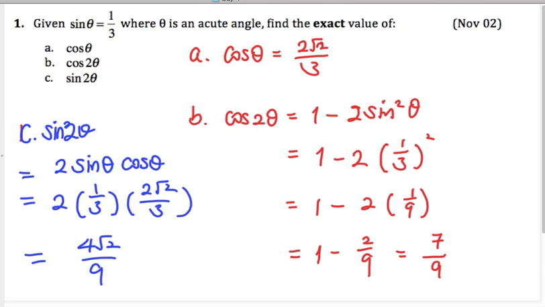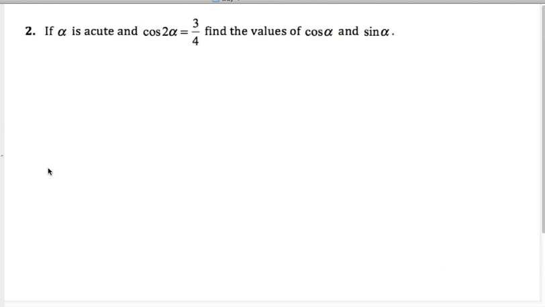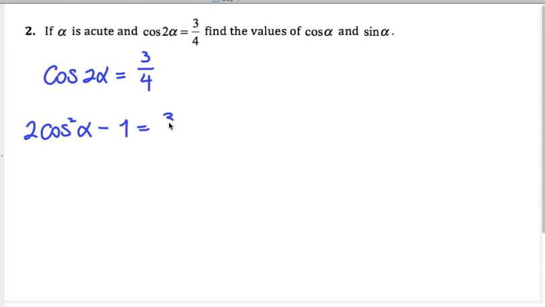Cool. Alright, number 2, if alpha is acute and cosine of 2 alpha is 3 over 4, find the value of cosine alpha and sine alpha. Alright, so we know cosine of 2 alpha is 3 over 4. That means I can say 2 cosine squared alpha minus 1 is 3 over 4.